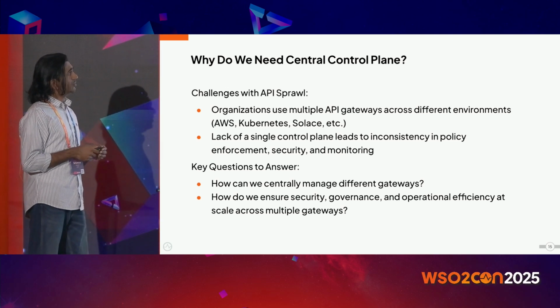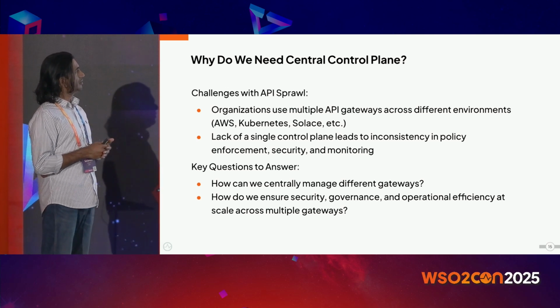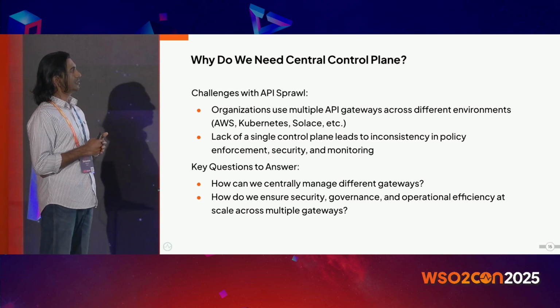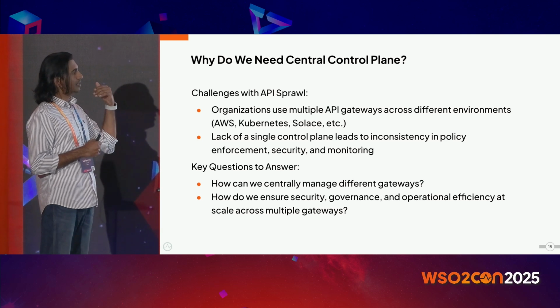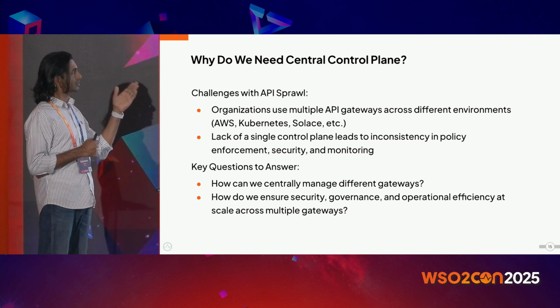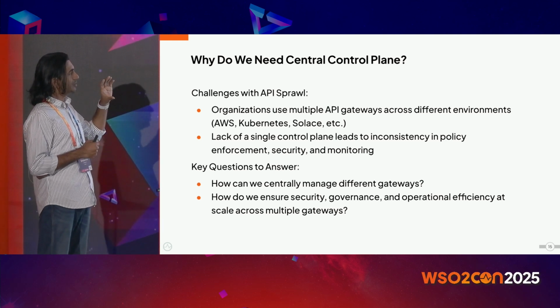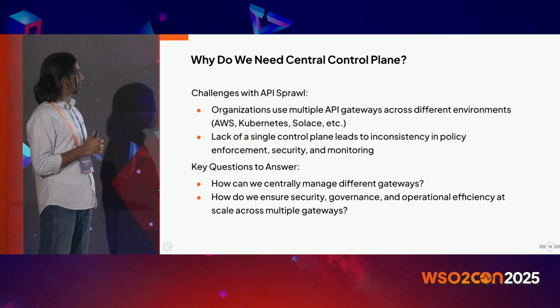If we discuss why we need a central control plane, most of the time they need to manage different API gateways across different environments. So these gateways can be AWS, Kubernetes, Solace, or anything like that. So this central control plane should be able to manage all different gateway types.